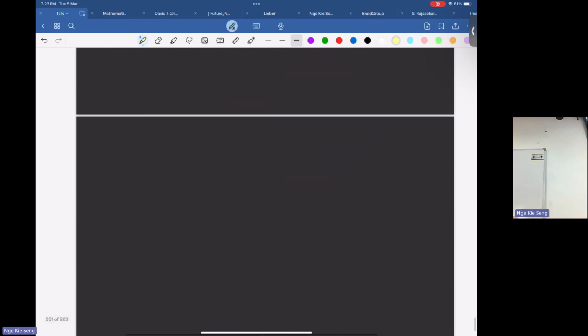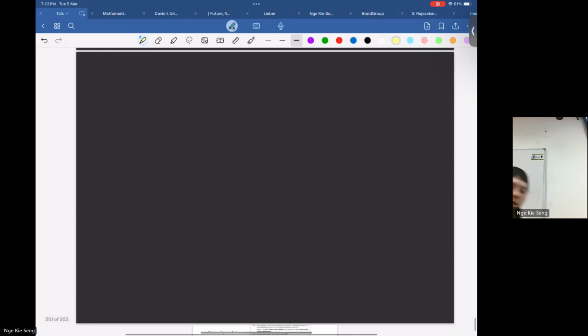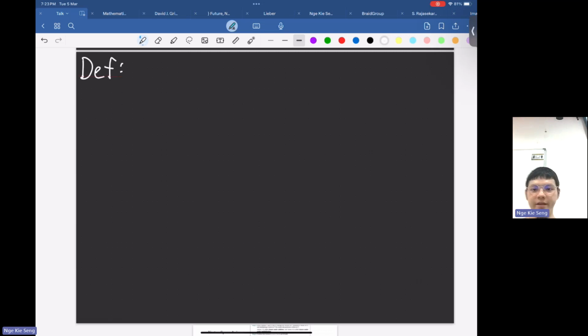All right, so let's continue. We have a set of things. So what are we going to do with the set? There is one very interesting phenomenon if we can combine elements inside the set. So let's define a term called the law of composition.